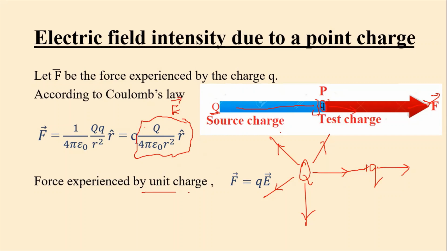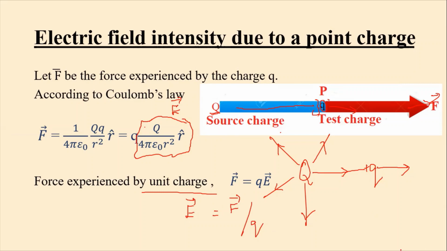So you can write the force experienced by the charge q as F vector equal to q into E vector, where E is nothing but capital Q divided by 4 pi epsilon naught r square r cap. Okay. So from this, how will you write E? E will be equal to F vector divided by q.